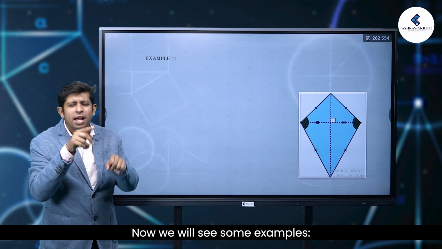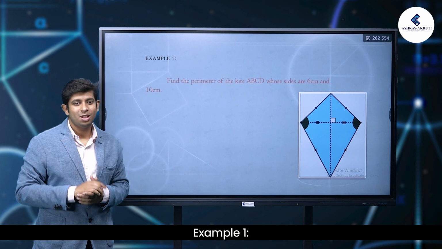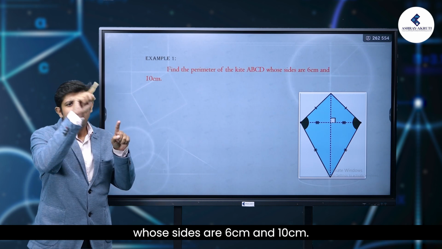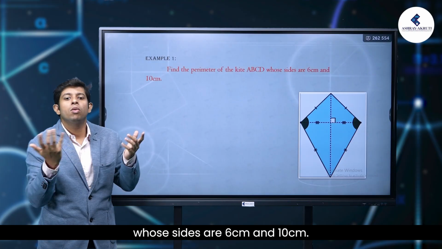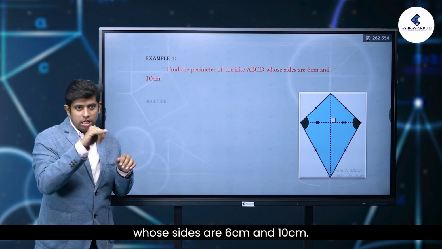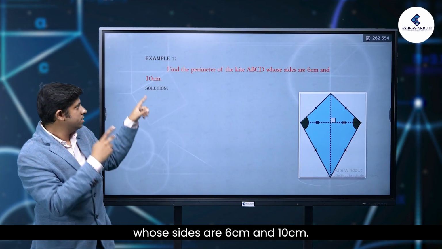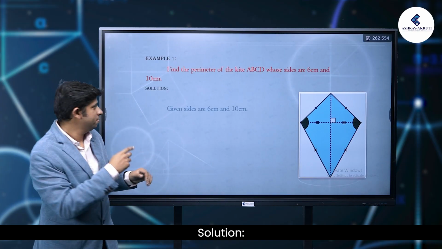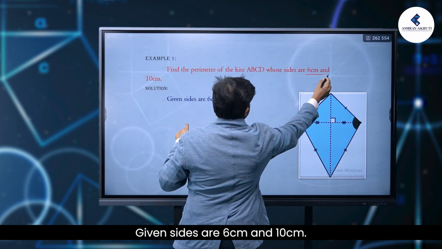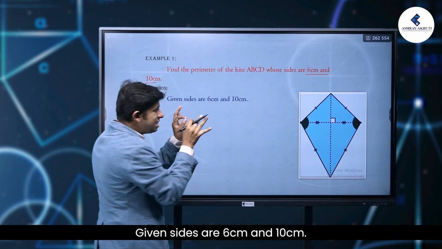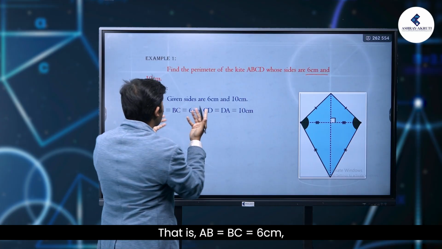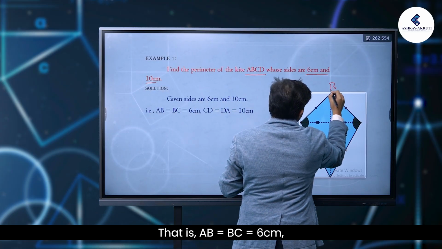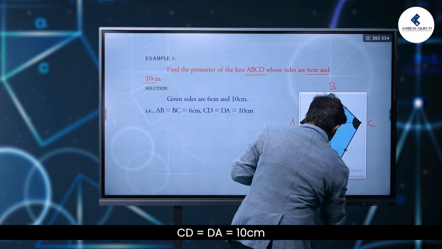Now we will see some examples. Example 1. Find the perimeter of the kite ABCD whose sides are 6 cm and 10 cm. Solution. Given sides are 6 cm and 10 cm. That is, AB equals BC equals 6 cm. CD equals DA equals 10 centimeter.